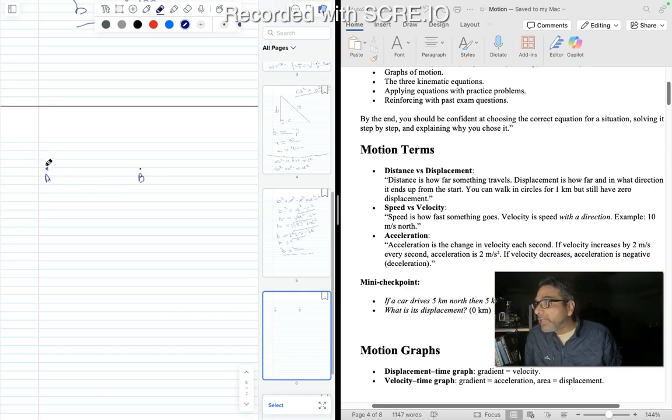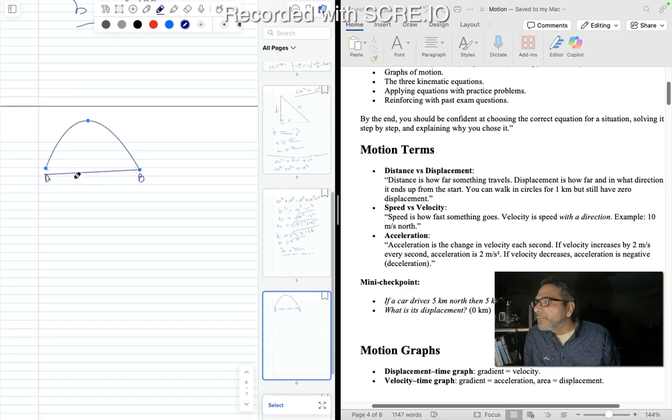That means it can go from A to B in a straight line, or let's say it goes from A to B along this other path.